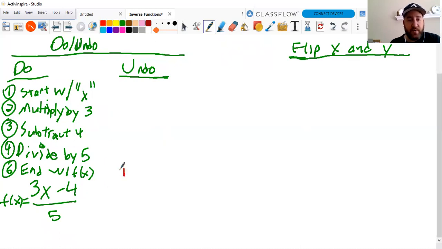So now for doing undo, again, I'm going to start with x. Gosh, this thing is so touchy. So now I've got 3 steps. Multiply by 3, subtract 4, divide by 5, and I'm going to do them all in reverse order.